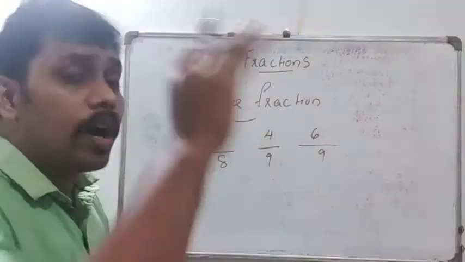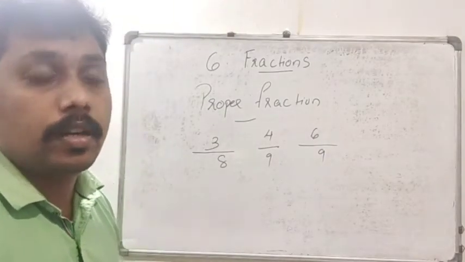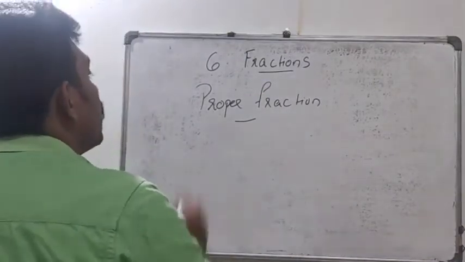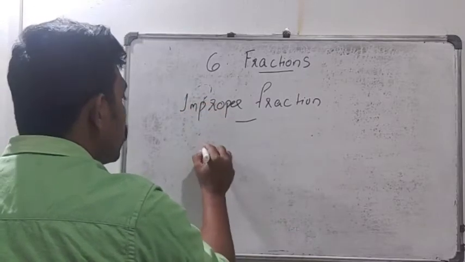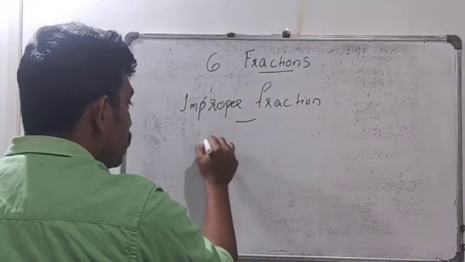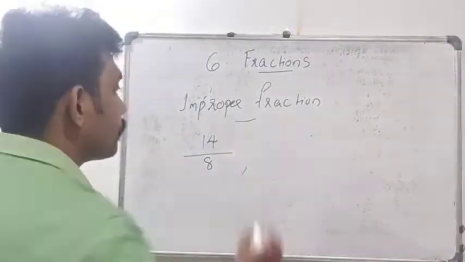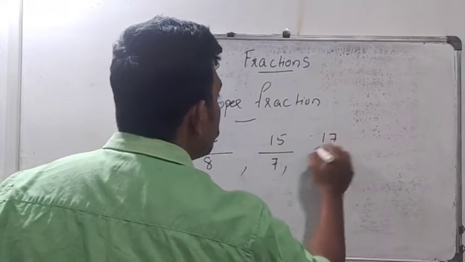Then what will be the improper fraction? It is also very simple. The improper fraction is when the numerator is greater than the denominator.